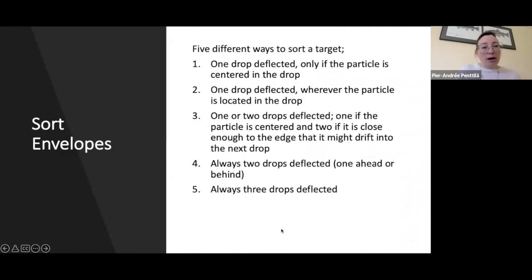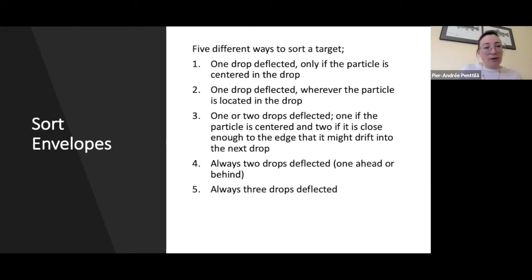Now there are, on top of that, other considerations in terms of what we define as sort envelopes. And there are 5 different ways to sort a target. The first is 1 drop deflected only if the particle is centered in the drop, as in the previous example that I had for the single cell mode. 1 drop deflected wherever the particle is located in the drop.